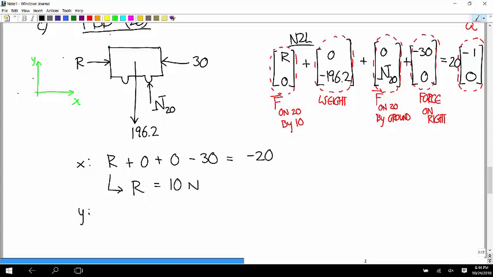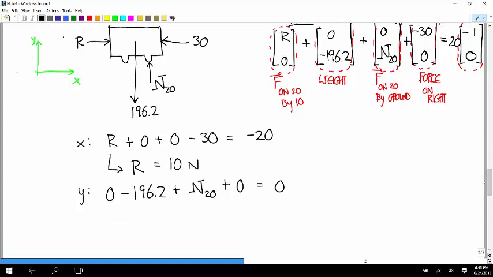And then the y equation says 0 minus 196.2 plus n20 plus 0 is equal to 0. So we could use the y equation to calculate n20 if we wanted, but the problem doesn't ask for it, so there's no reason to.